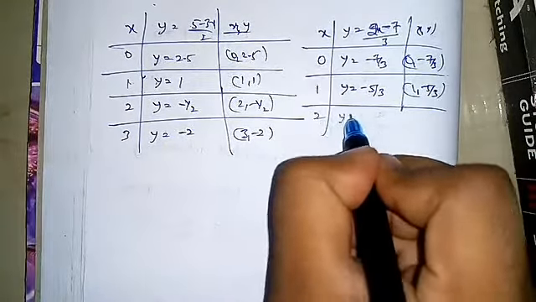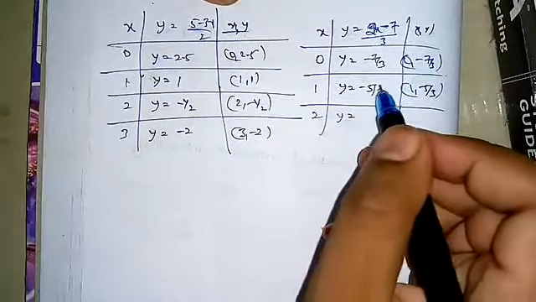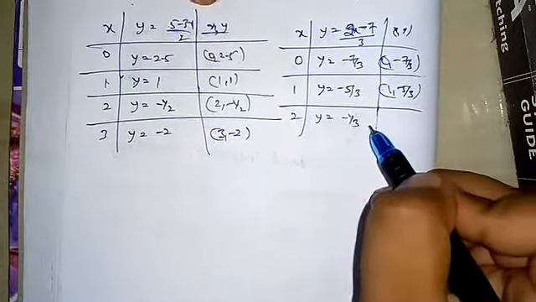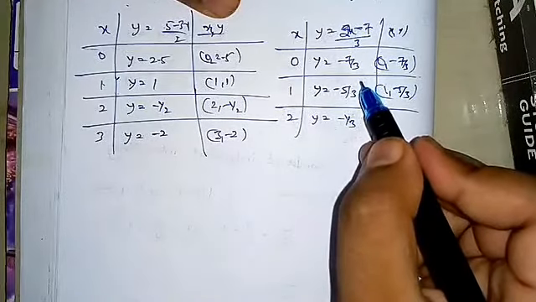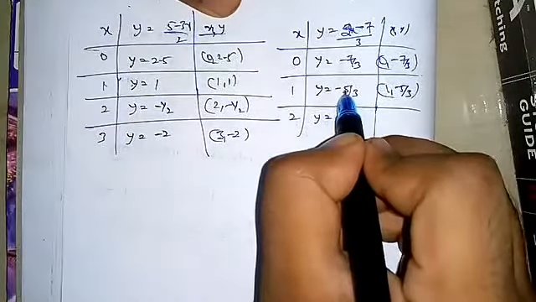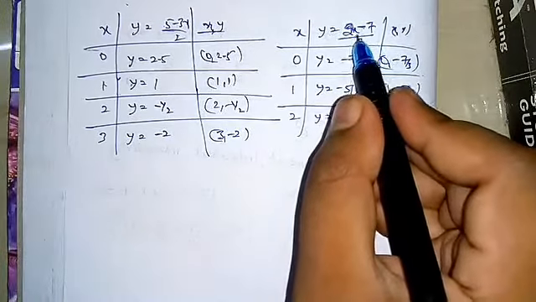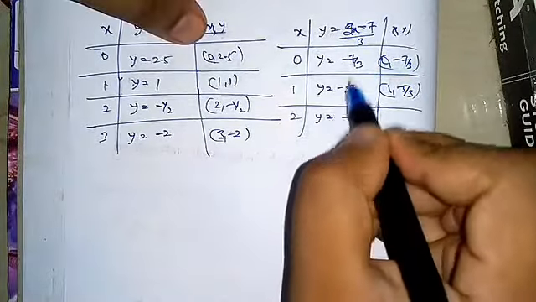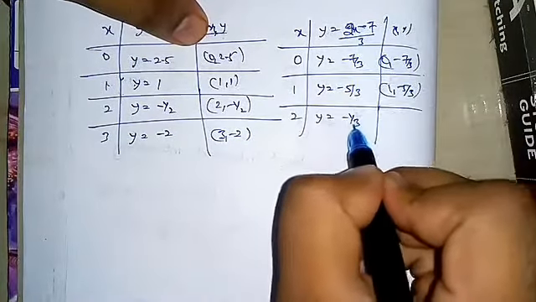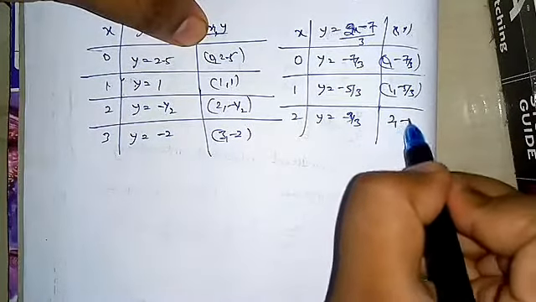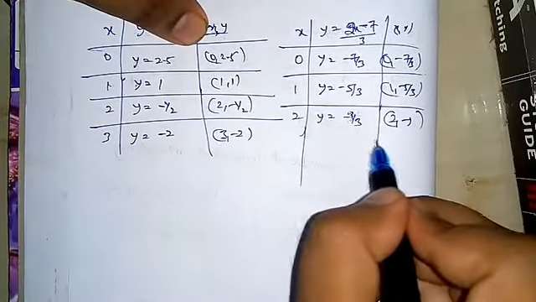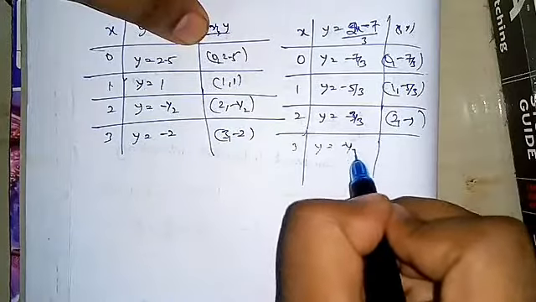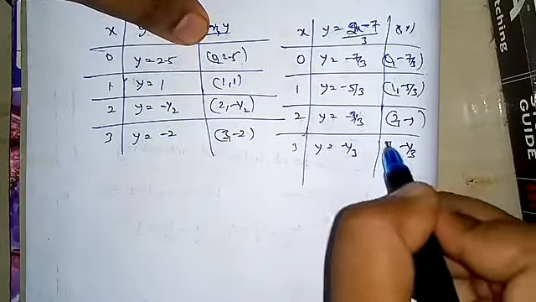For x equal to 2, y will be 4 minus 7, minus 3 by 3, so it will be 2 comma minus 1. Next for x equal to 3, y will be 6 minus 7, minus 1 by 3. So 3 comma minus 1 by 3.